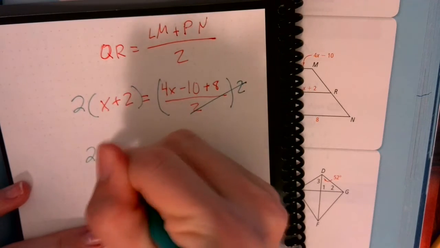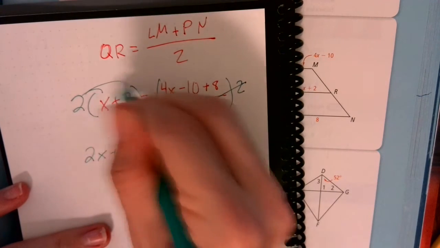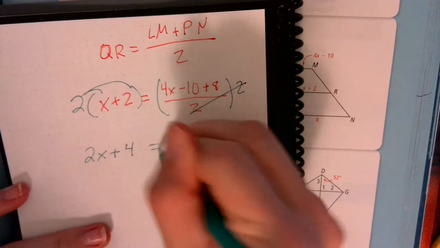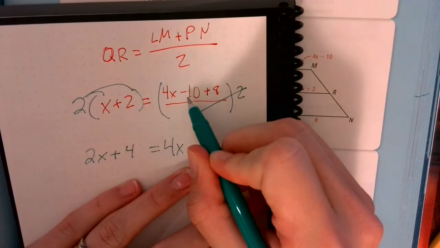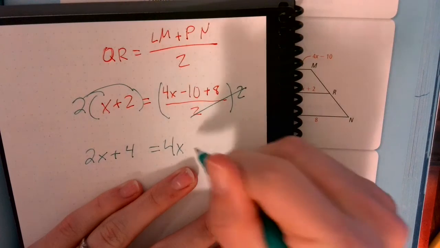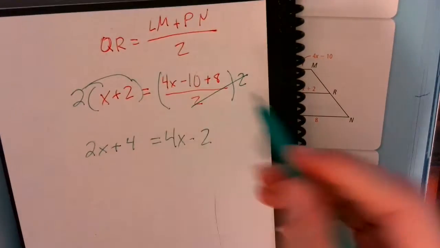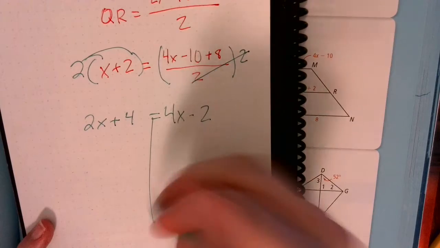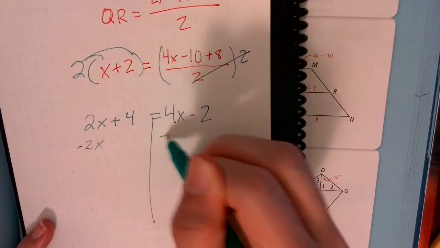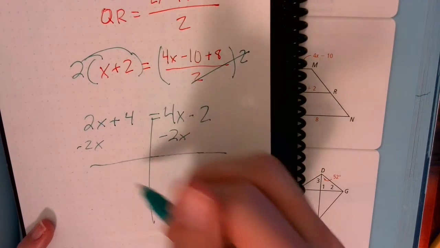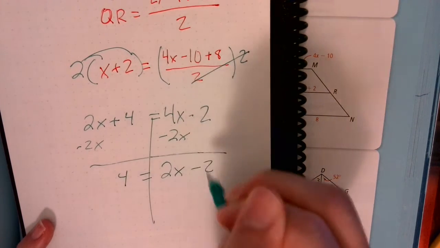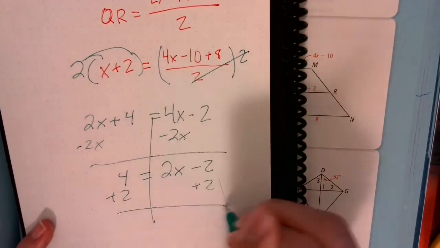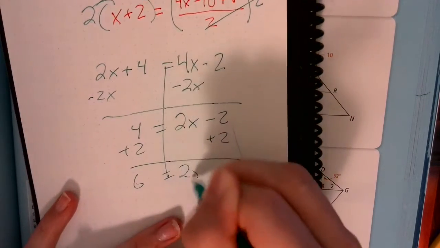So now I can say 2x plus, don't forget to distribute, 4 equals 4x, and I'm going to combine these two. Negative 10 plus 8, that's negative 2. Now I can just solve for x like it's any other problem, no problem whatsoever, right? 4 equals 2x minus 2, add 2. 6 equals 2x.